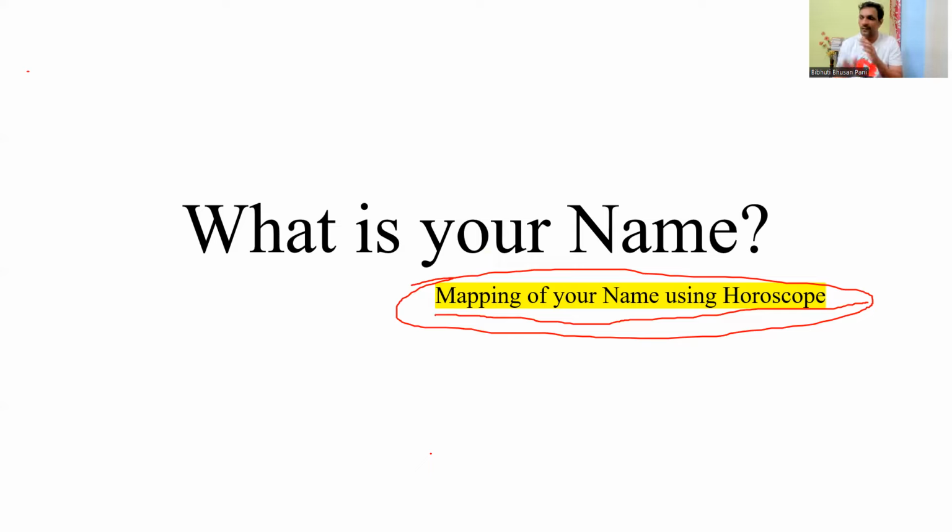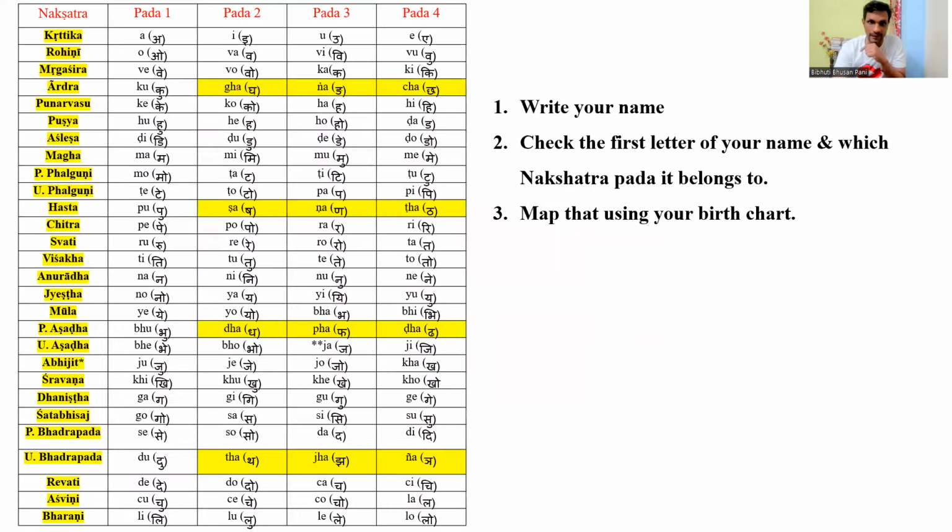Okay. So the first step, I'm just elaborating how we can map the name in the horoscope. What are the steps? First, you need to know the nakshatra pada name sounds that are linked with each nakshatra pada.